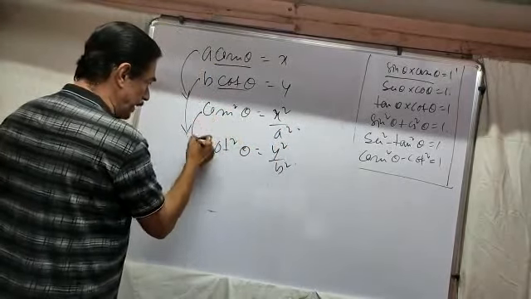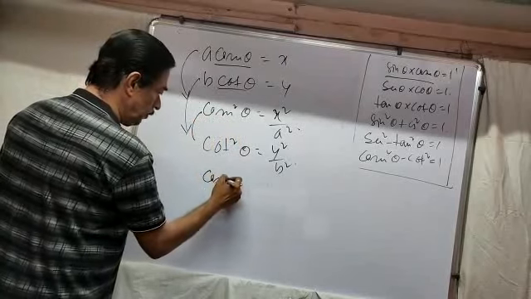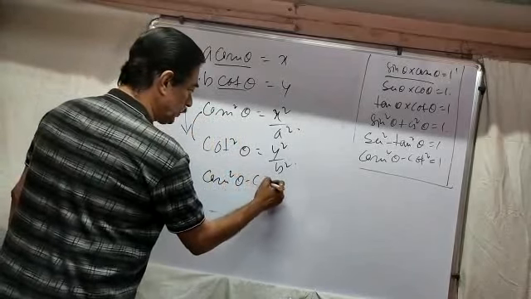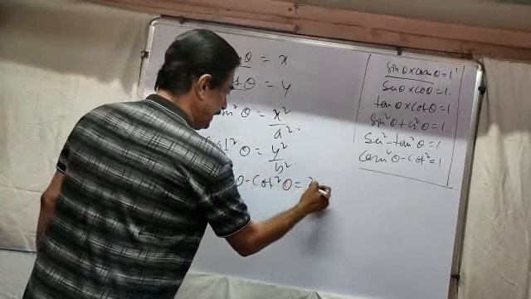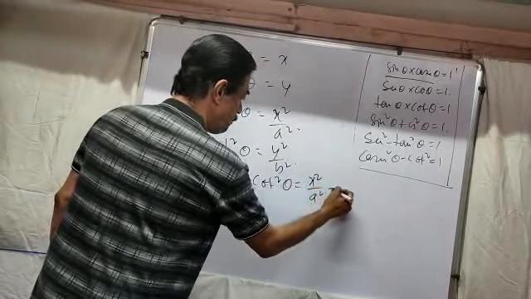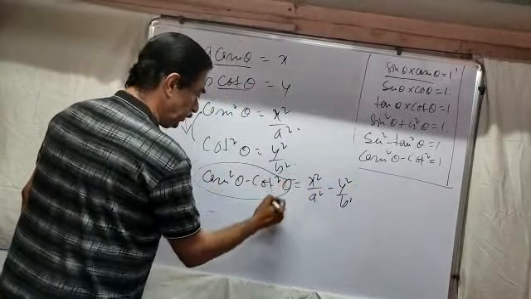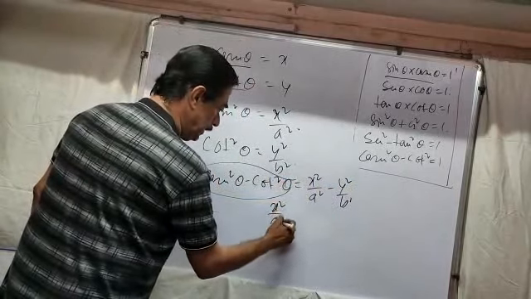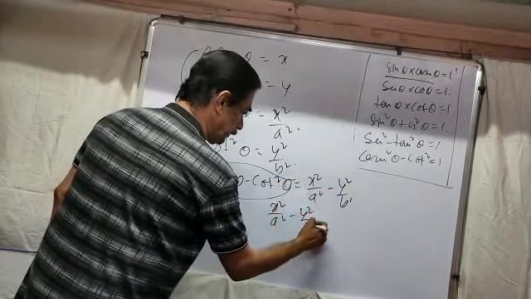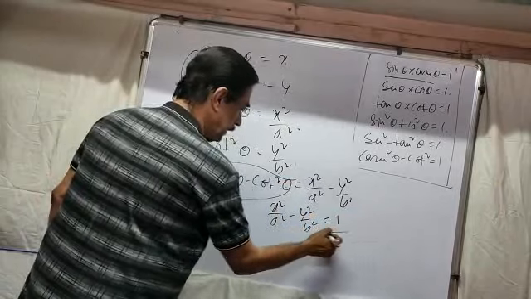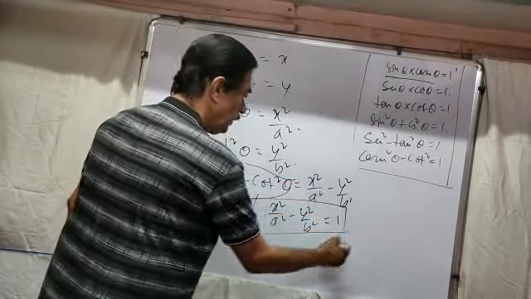So this square minus this square, cosec square theta minus cot square theta, the result is x square by a square minus y square by b square, and this result is 1. So your equation x square by a square minus y square by b square equal to 1 represents the equation of a hyperbola.